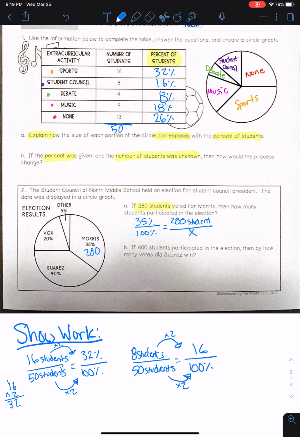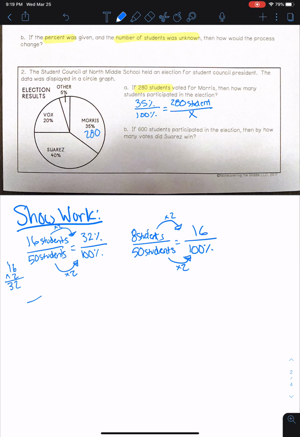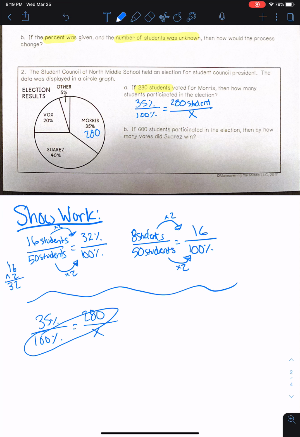I don't know what the scale factor is, so I'm going to cross multiply and divide. So I'm going to go down here to show my work. 35 over 100 is 280 over x.